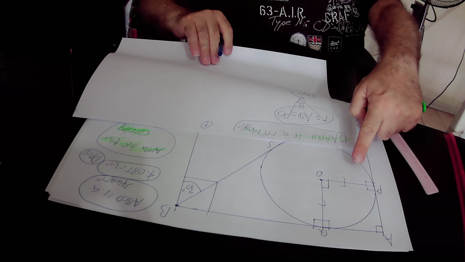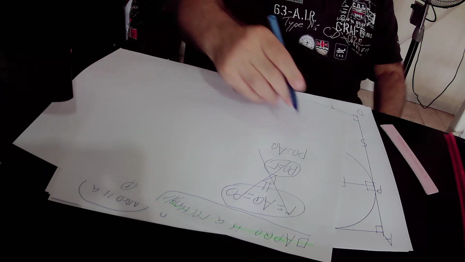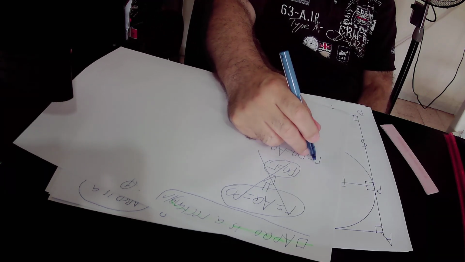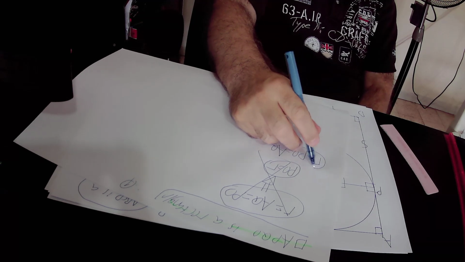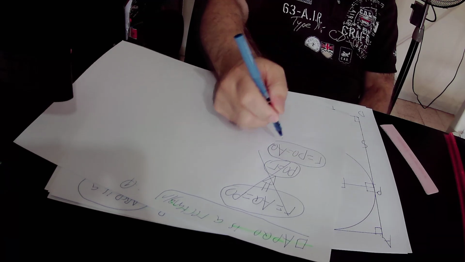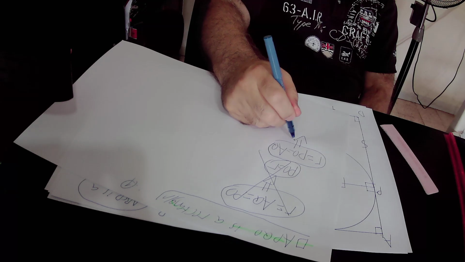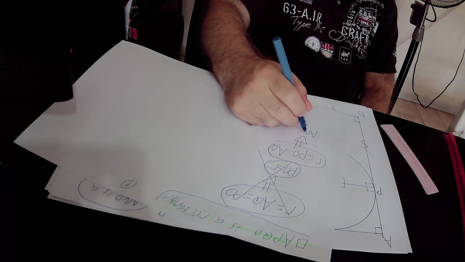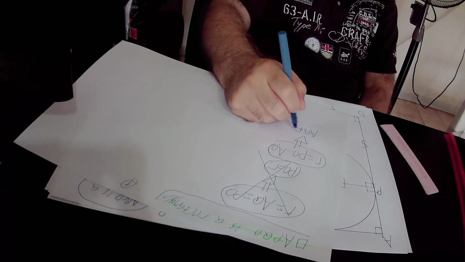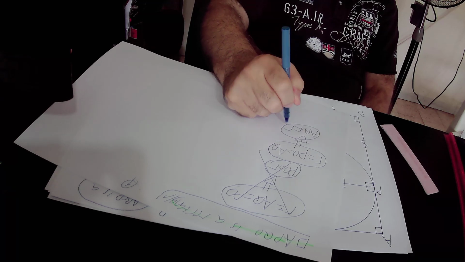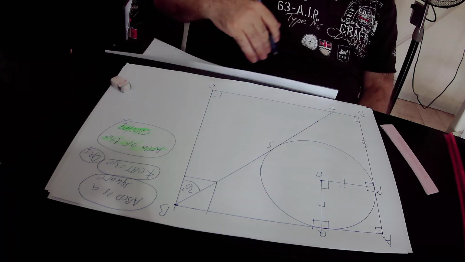But PO equals R, it is the radius of the circle. And from this equation, R equals PO equals AQ, we derive that AQ is also equal to R. AQ equals R.